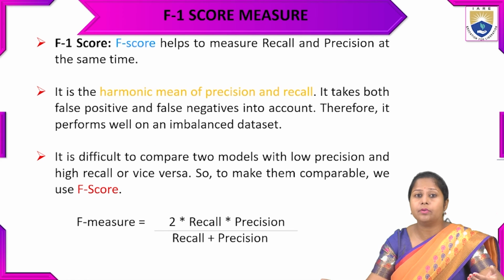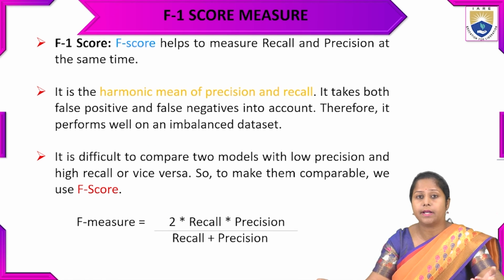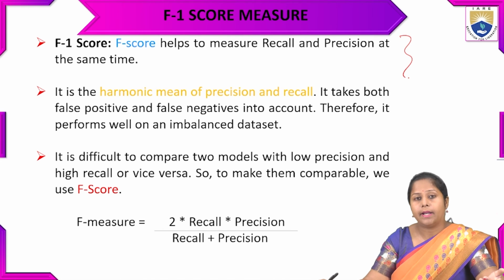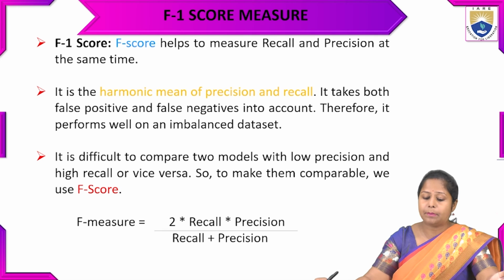F1 score is another measure for the confusion matrix. The F1 score helps measure the recall and precision at the same time. It depends on the harmonic mean of precision and recall.